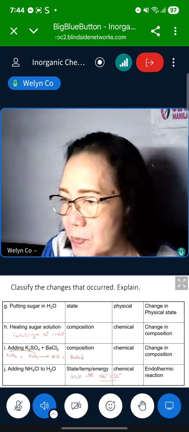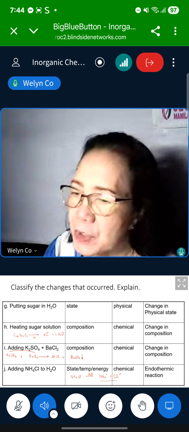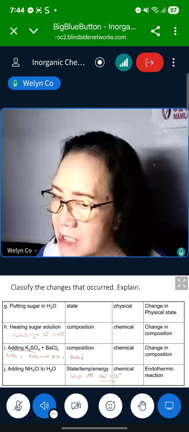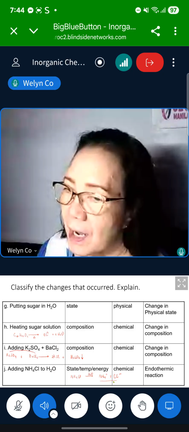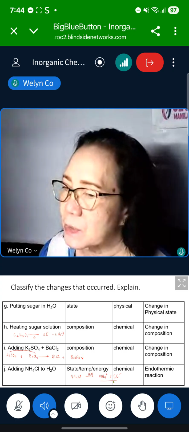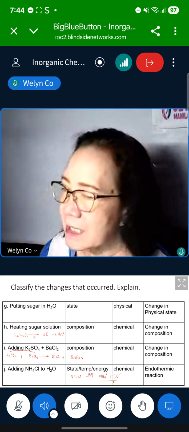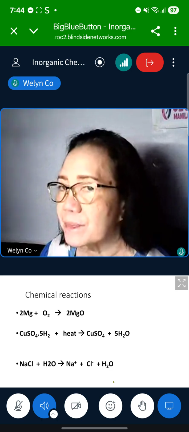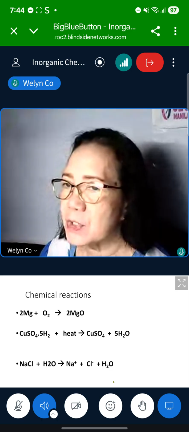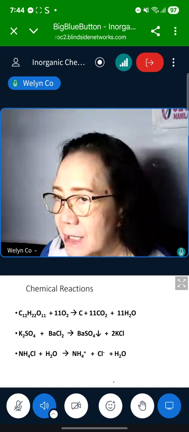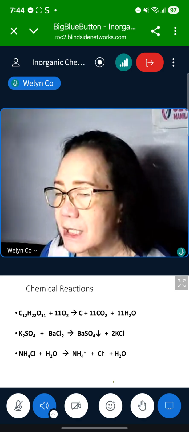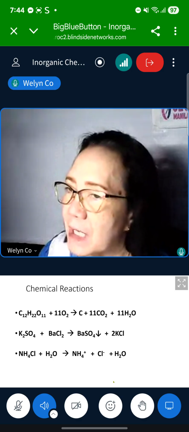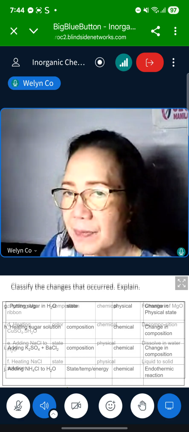So there is decomposition or the formation of ions in order that the state will change into ions. And this is what we call your chemical change, and the energy that accompanies it is your endothermic reaction. Ito yung mga balance equation. So, there are times, mga bata, ang ating sugar pwede ding magbigay ng carbon dioxide.